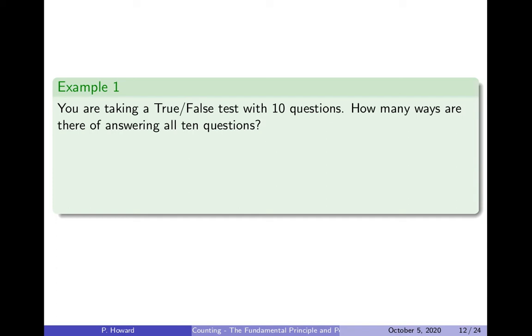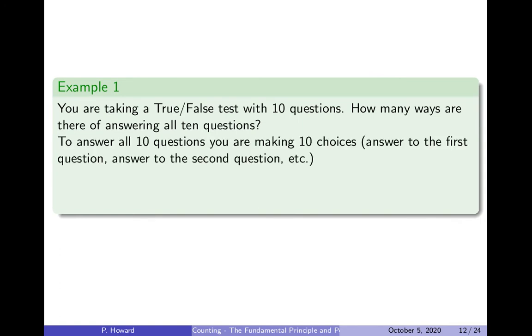Let's try this example. You are taking a true-false test with 10 questions. How many ways are there of answering all 10 questions? So to answer all 10 questions, we are now making 10 choices, one after the other. The first choice is our answer to the first question. The second choice is our answer to the second question, and so on.